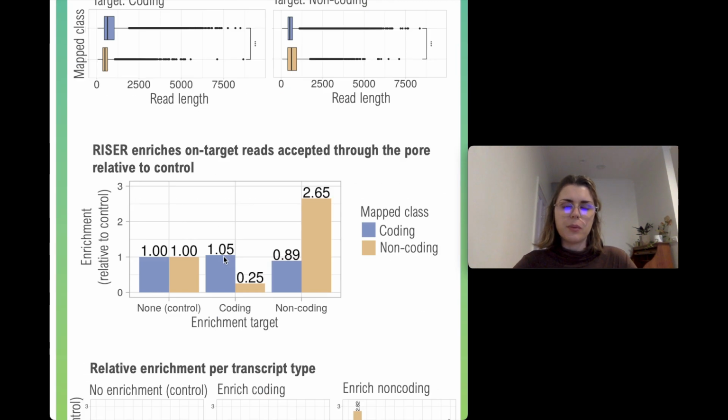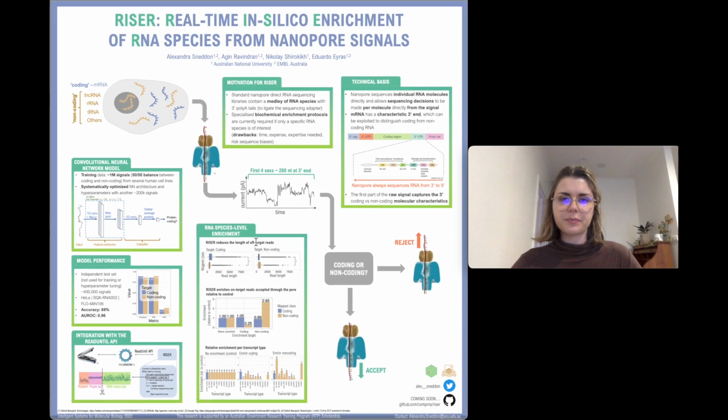We found that when the target was coding, RISER was able to achieve a small enrichment of coding and a large depletion of the non-coding relative to a control run where RISER was not run. When non-coding is the target, RISER achieves around a 2.6x enrichment of non-coding and a depletion of your coding reads.